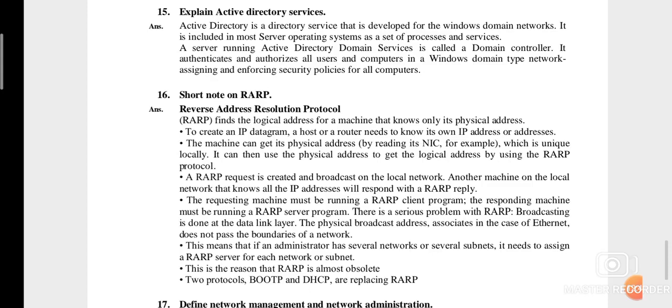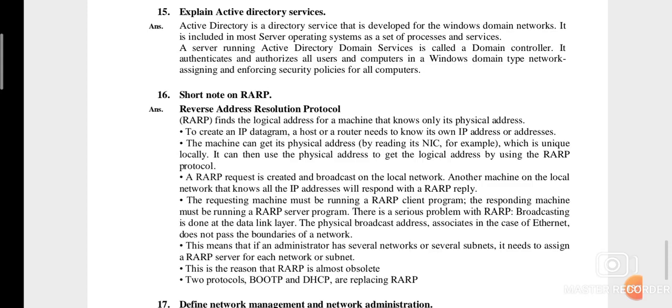This means that if an administrator has several networks or subnets, they need to assign a RARP server for each network or subnet. This is the reason that RARP is almost obsolete. Two protocols, Bootstrap protocol and DHCP, are replacing RARP.